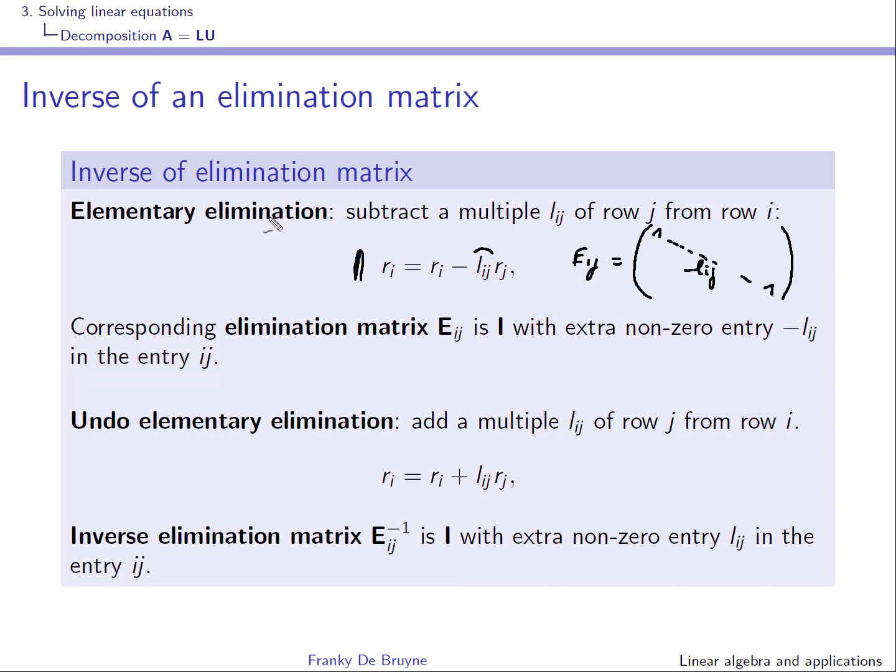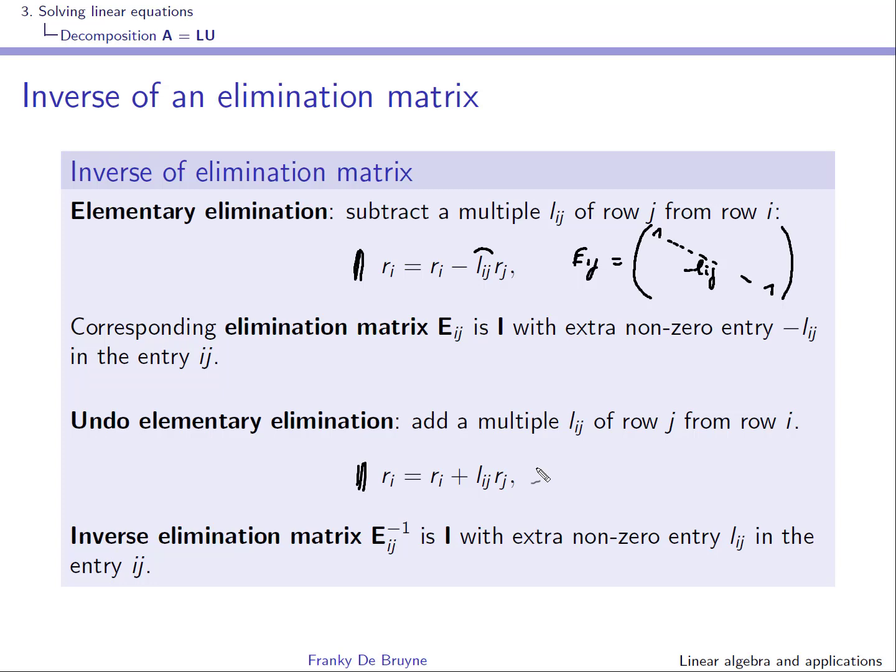This elementary elimination that you've done using this operation, you could undo it by using this operation over here. Okay, so you're going to create the original element that you had in entry ij. So this operation, you can see it as the reverse, and associated with that is also a matrix.